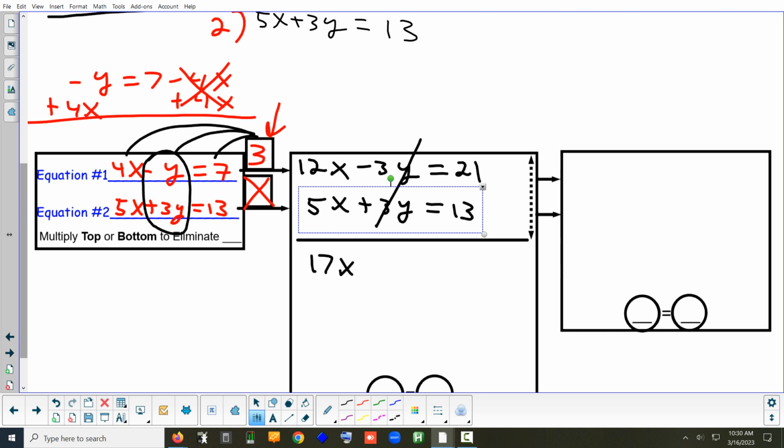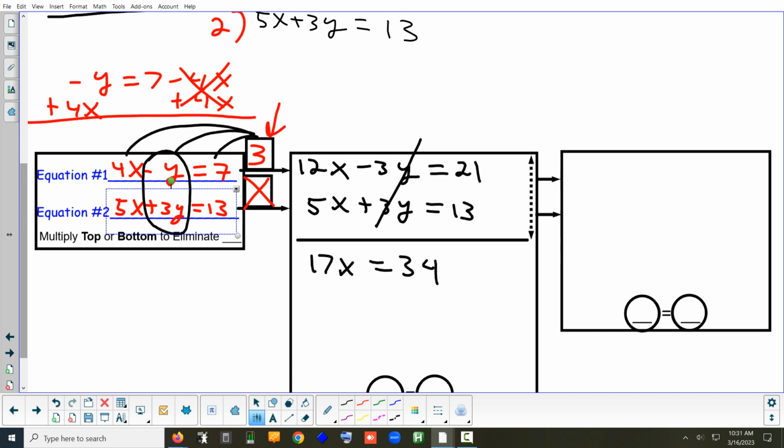So we picked the right number. We just canceled out the y's. So always focus on the single variable and think, what would you have to change it to make it the opposite of that? So that's gone. And what about 21 plus 13? Yeah, 34.